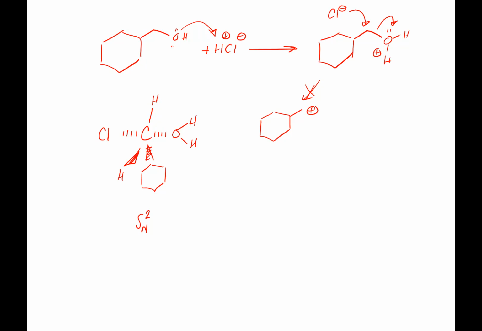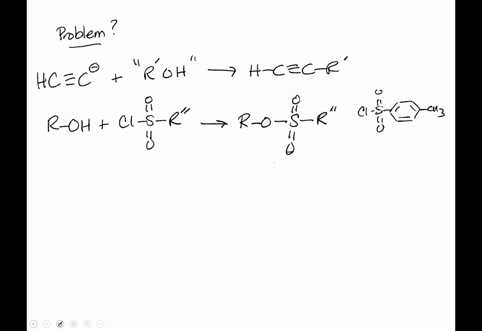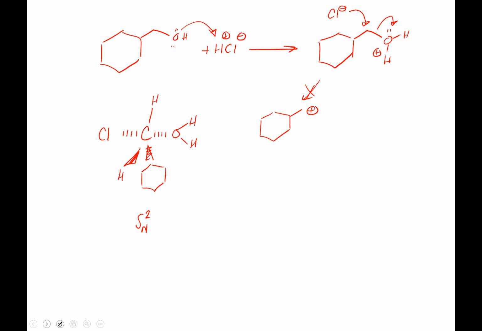What am I missing in this transition state? Partial charges. So I need the partial charge on the chlorine. Partial charge on the oxygen, delta plus.